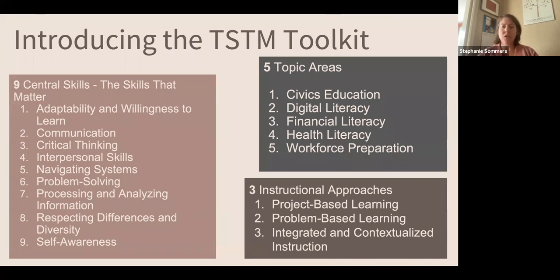So we have those 3 approaches, and then finally we have the 9 central skills. These are the skills that matter, and you can see them here on the screen. Adaptability and willingness to learn, communication, critical thinking, interpersonal skills, navigating systems, problem solving, processing and analyzing information, respecting differences and diversity, and self-awareness.